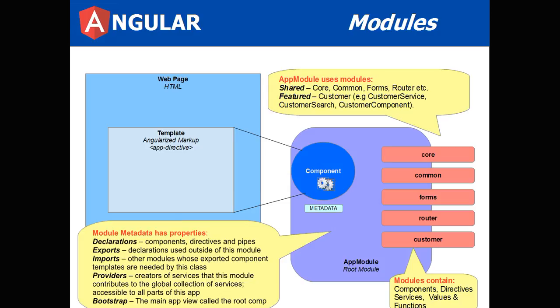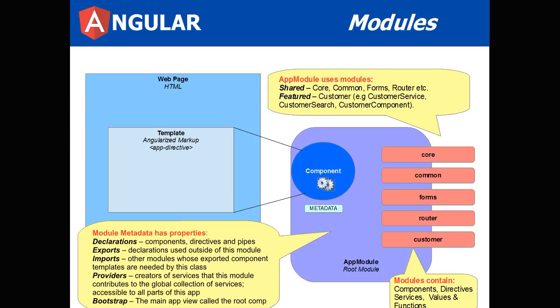But an app module does use modules. They're shared modules like core, common, forms, router, and there's featured modules. Like I create a customer module which has all the resources I need to handle my customers.